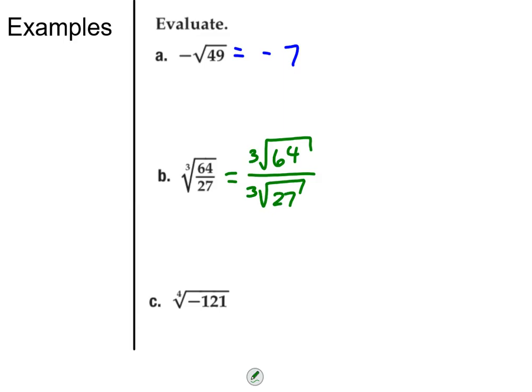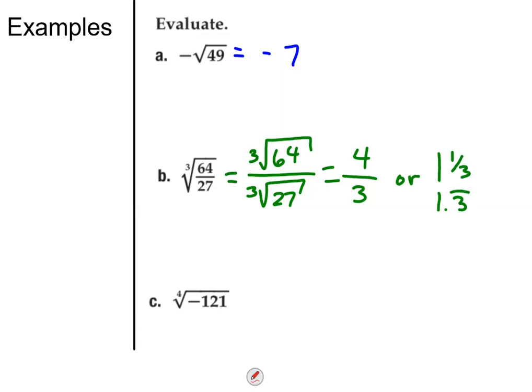The cube root of 64: 4 times 4 is 16, times 4 is 64, so the cube root of 64 is 4. And 27: 3 times 3 is 9, times 3 is 27, so the cube root of 27 is 3. So you have 4 thirds, or 1 1/3, or 1.3 repeating.